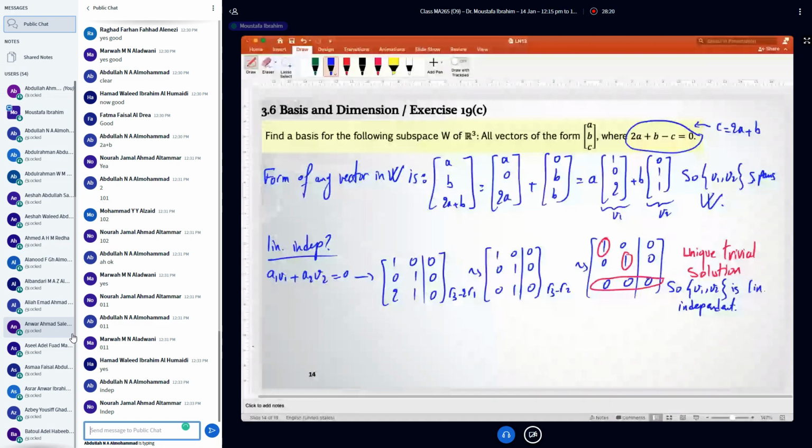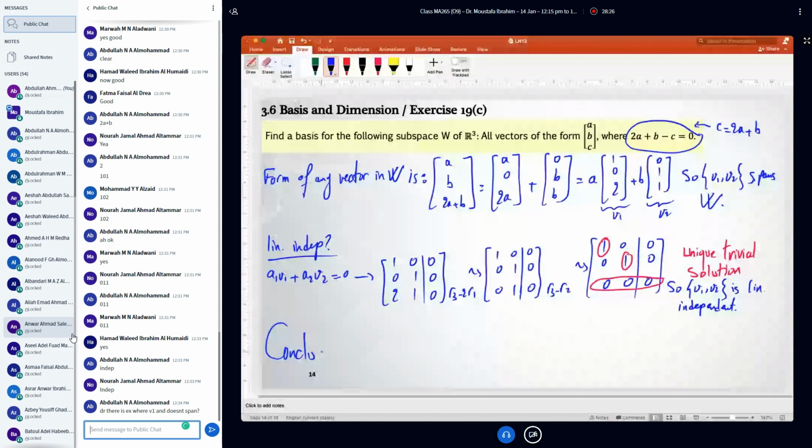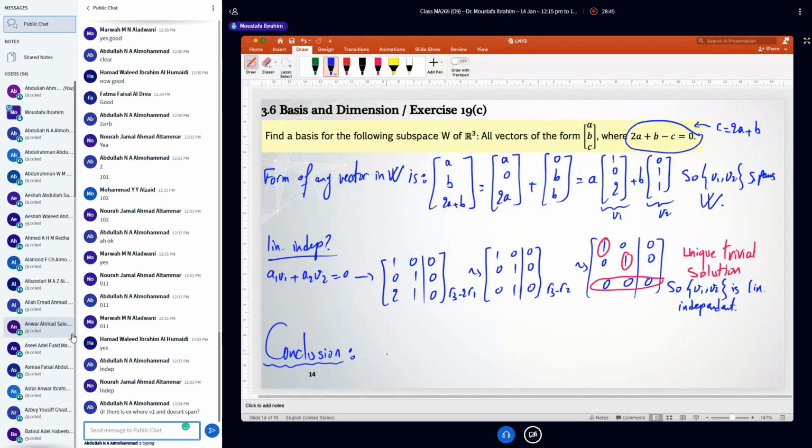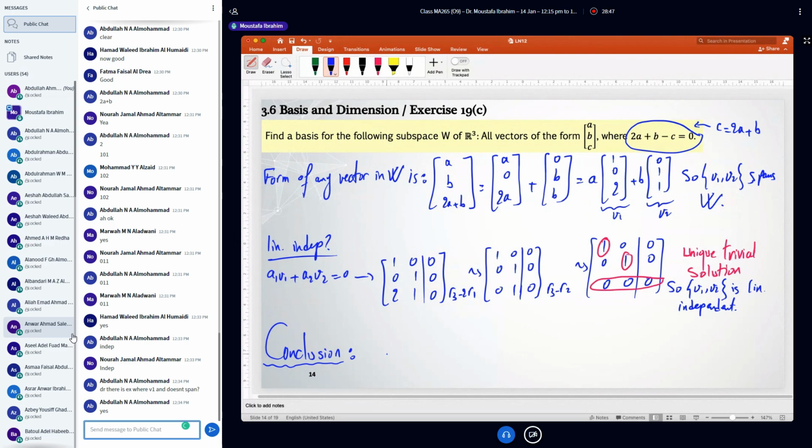Conclusion. What we have seen before, remember we had vectors that do not span. We have already examples of that if you go back to 3.4.